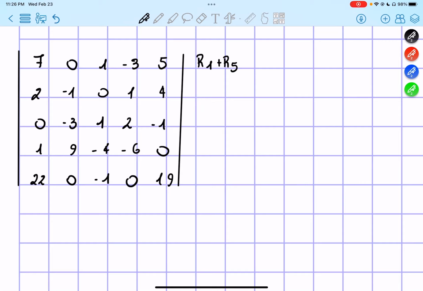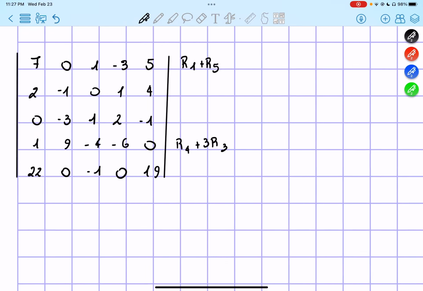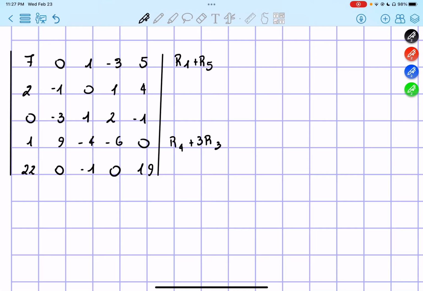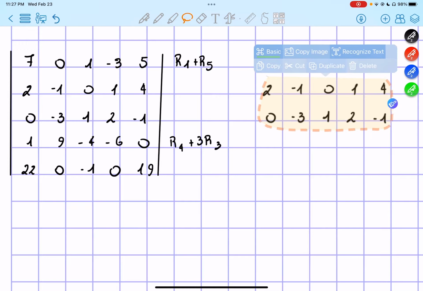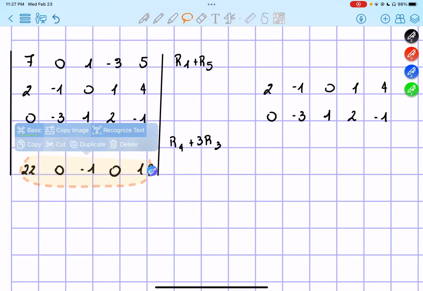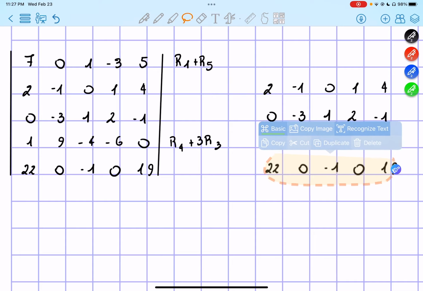That seems pretty straightforward to me, yeah. Then I should do even row 4 plus 3 times row 3. Yes, so these two and the last one remain the same.